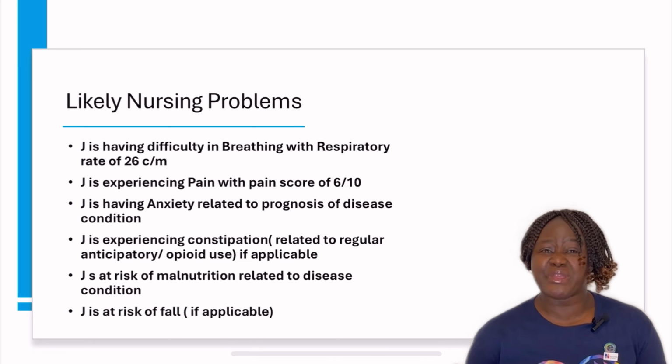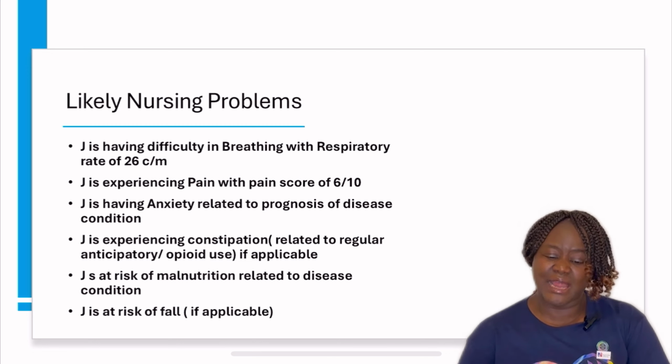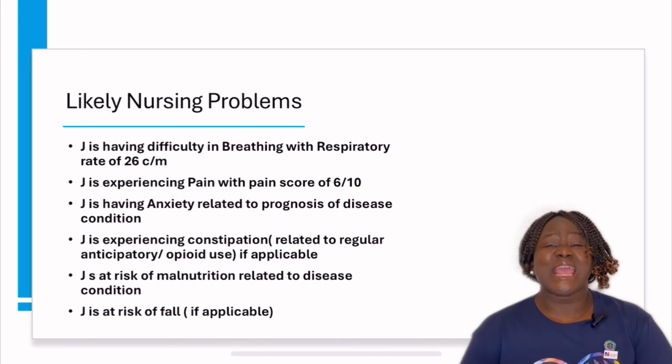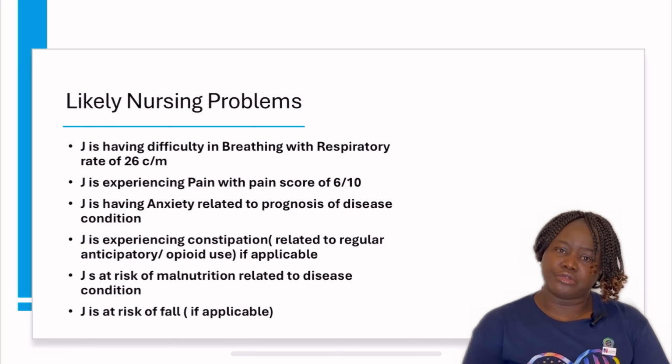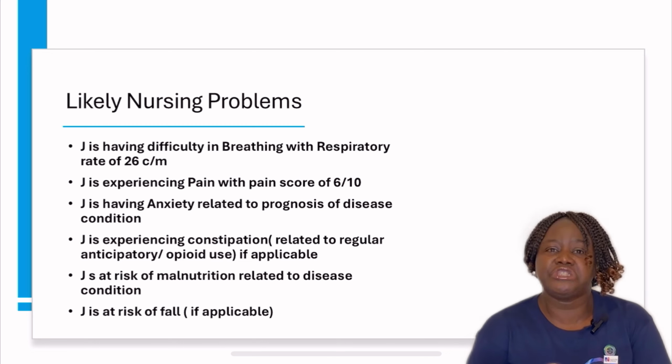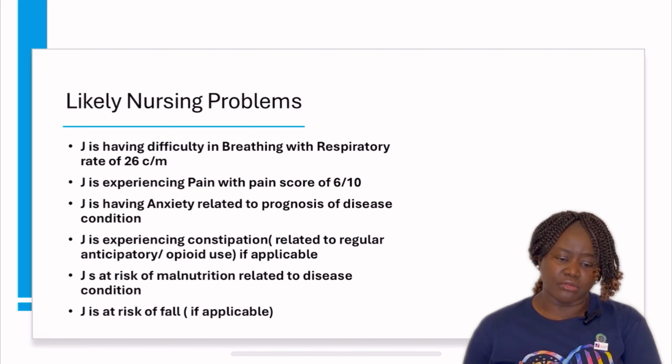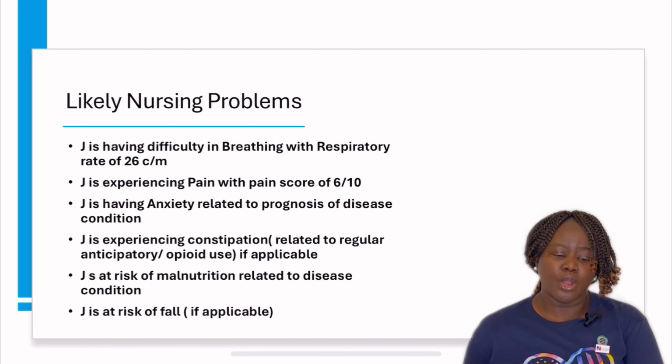Sometimes James might be experiencing nausea and vomiting as well. James is at risk of malnutrition related to disease condition. James is at risk of falls. These are the likely problems we might be faced with. So we'll just solve two of those problems.